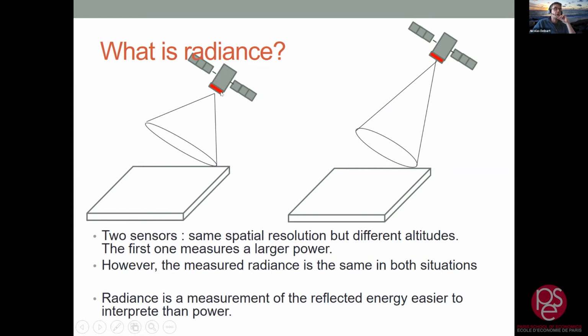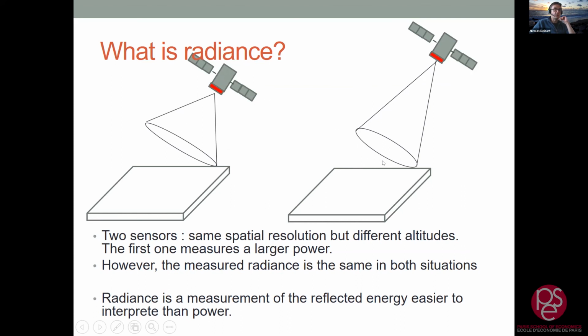One instrument with low orbit with a big solid angle, or another instrument with a high orbit with a smaller solid angle. In this case, this sensor will measure a bigger power than this sensor, even in the absence of change between the surface. It is the same surface. So the power is bigger in this case, but this power is divided by the solid angle, which is bigger in this case.